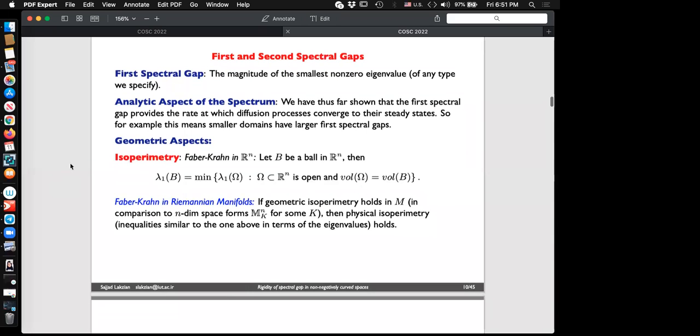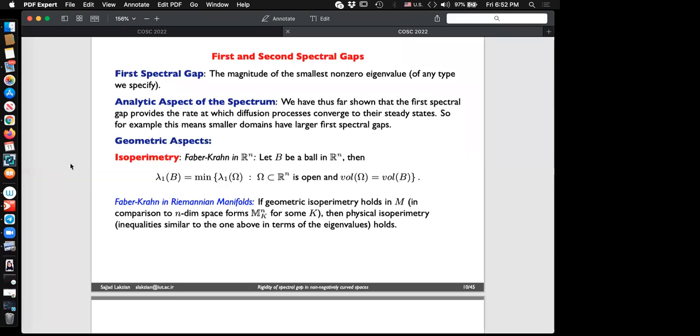What are the uses or implications of having a spectral gap estimate for the spectrum? Well, from an analytic point of view, it tells you how fast Brownian-like processes are converging to their equilibrium.